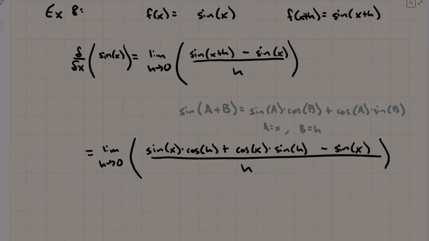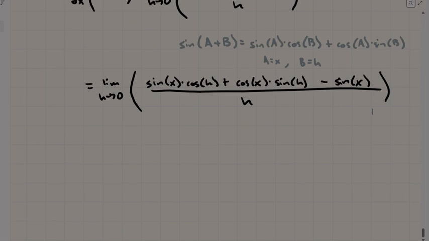Well, we cannot factor the sine x out of every term, right? We can take it out of here and here, but not the other one. But honestly, I think that's going to be the best way to move forward, at least factoring it out where we can.